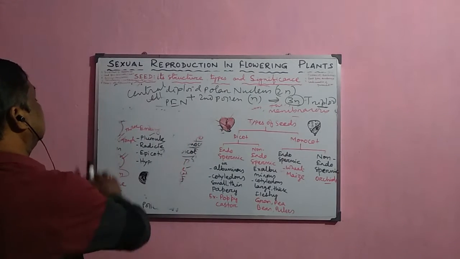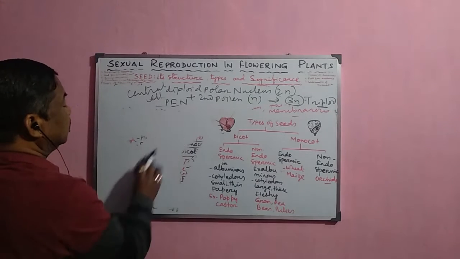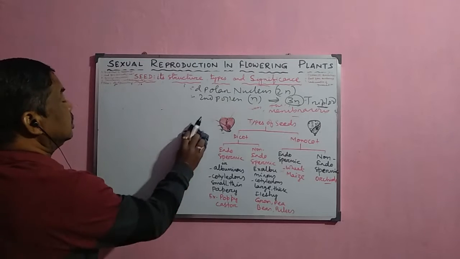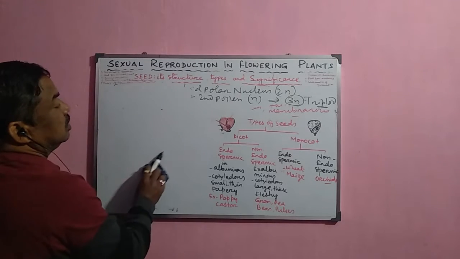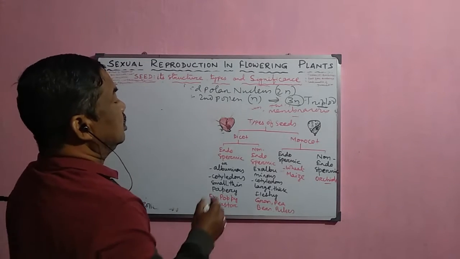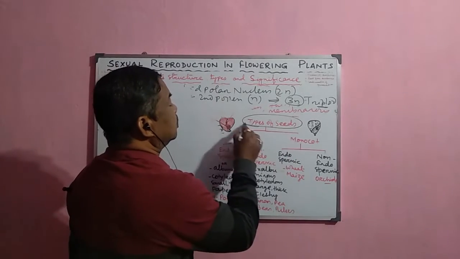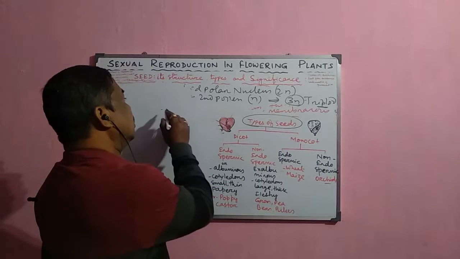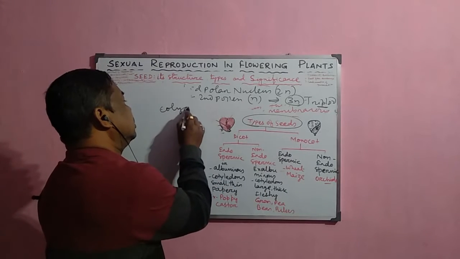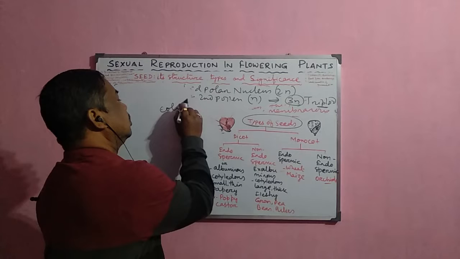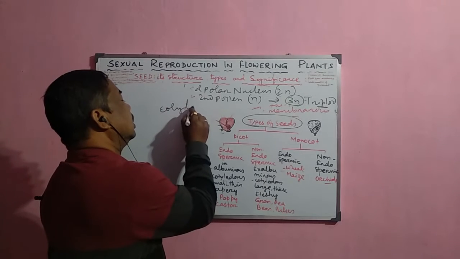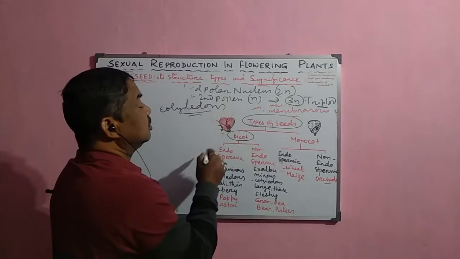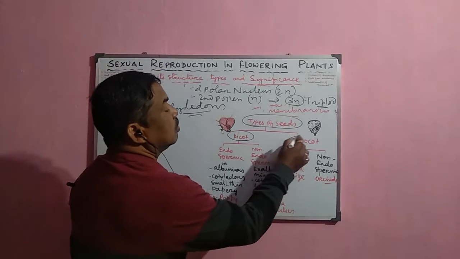Now after that, what are the different types of seeds which are normally found in the angiospermic plant? In the case of angiospermic plants, there are different types of seeds. Normally, on the basis of the cotyledons present, they are either dicot seeds or monocot seeds.